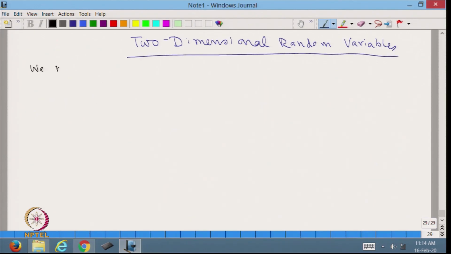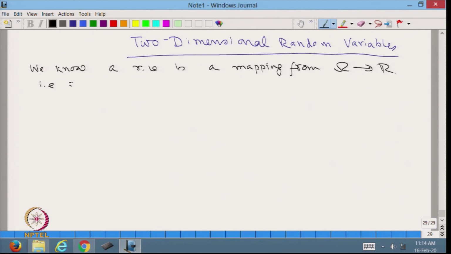We know a random variable is a mapping from omega to the real line.